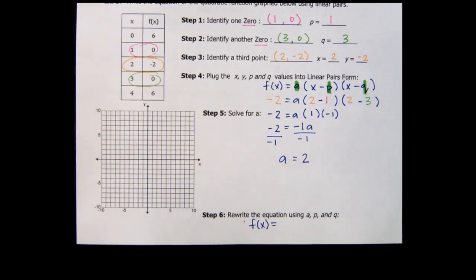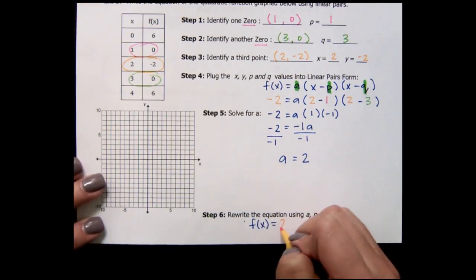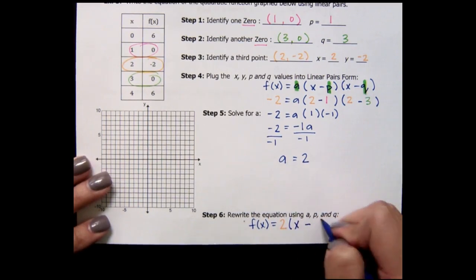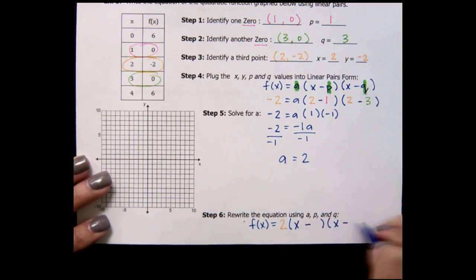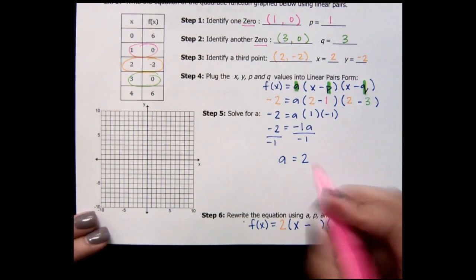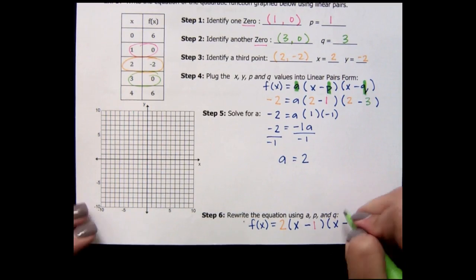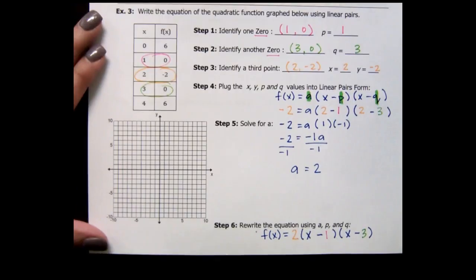F of x equals 2 times x minus p times x minus q. P was 1 and q was 3. And I'm going to graph this really quick just to make sure that it looks right.